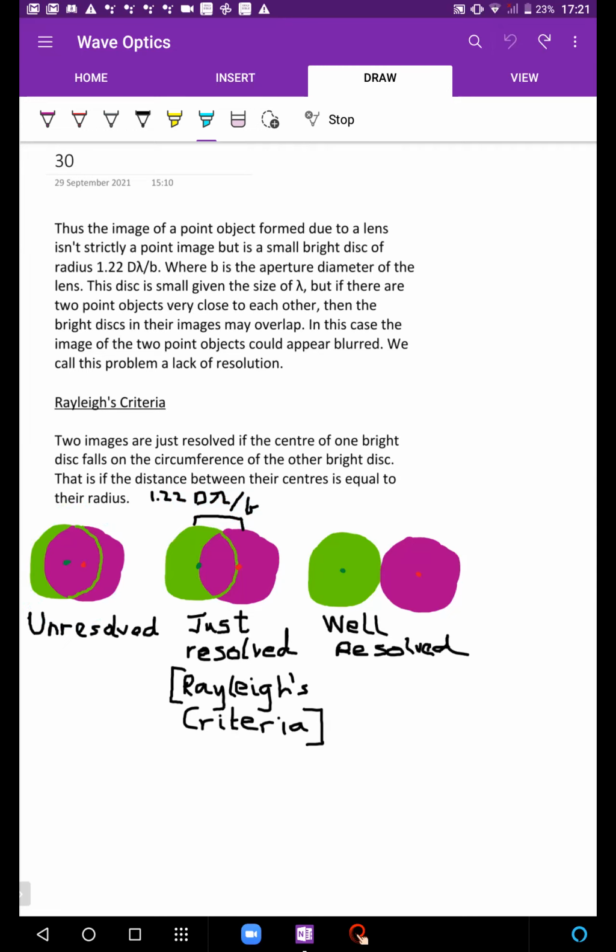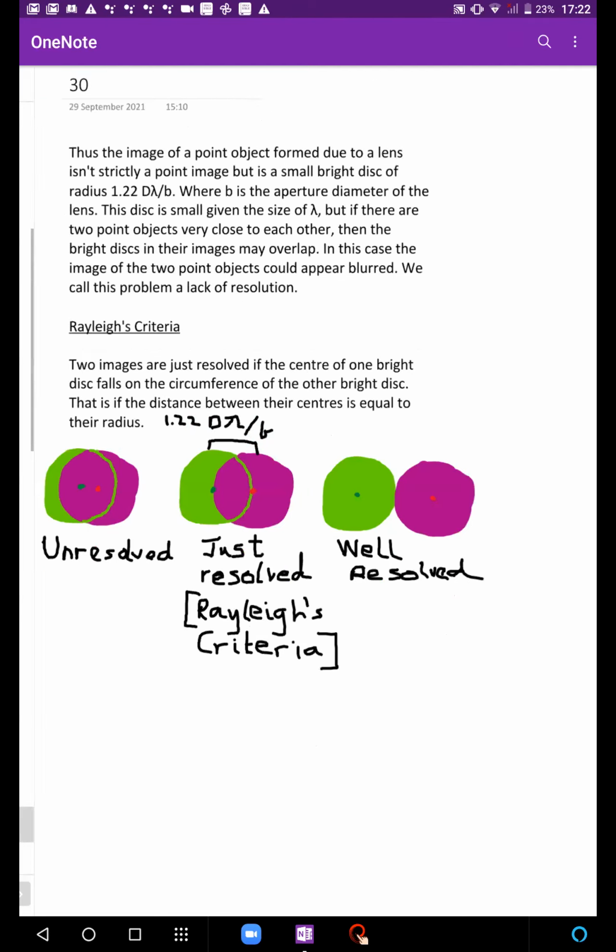And of course, if the distance is more than that, then it's good, it's well resolved. But just to resolve, the limit of resolution is when the distance between them is equal to the radius of the bright disk.